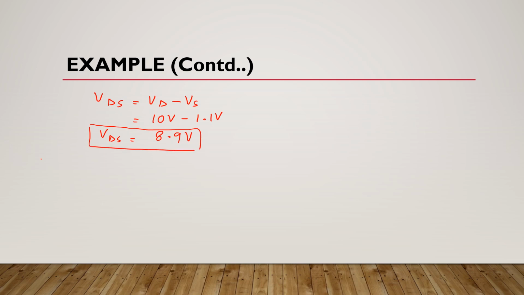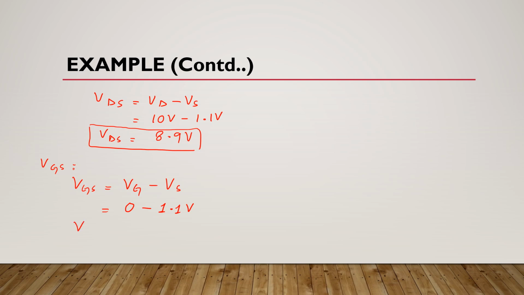Now we will find gate to source voltage. We know that VGS is equal to VG minus VS. Here we know that VG is 0 and Vs is 1.1 volts.